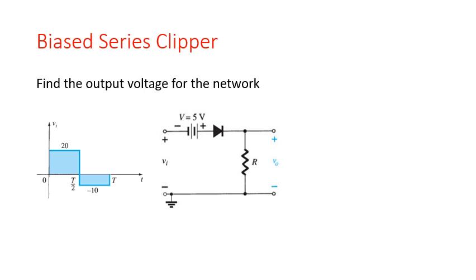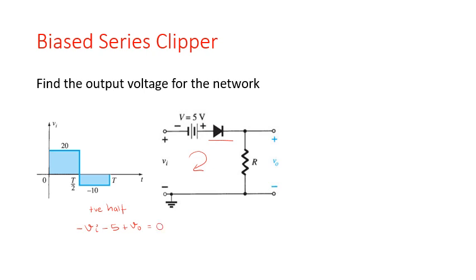Assuming that you've done that, in the first positive half cycle, this diode will be forward biased. If the diode is forward biased, it's going to act as a short circuit. Applying KVL to the input loop over here for the positive half cycle, what we are going to get is -Vi - 5 + V0 = 0.